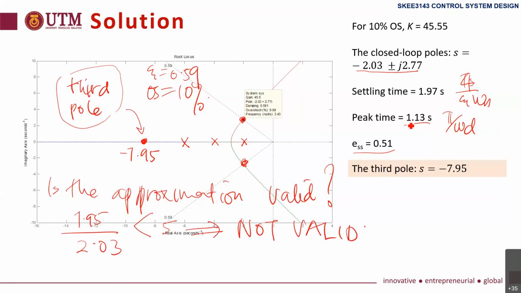Not valid meaning that, besides error, the other transient response specifications that we calculated cannot be used. This is actually not correct because the approximation is not valid and the formula shouldn't be used.